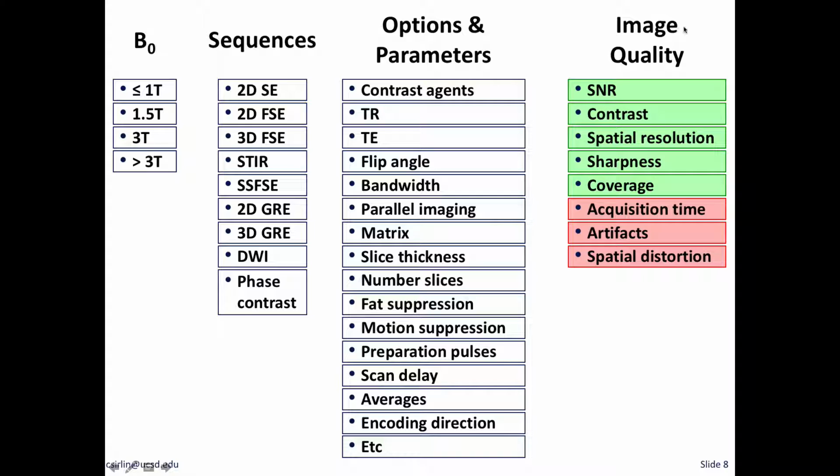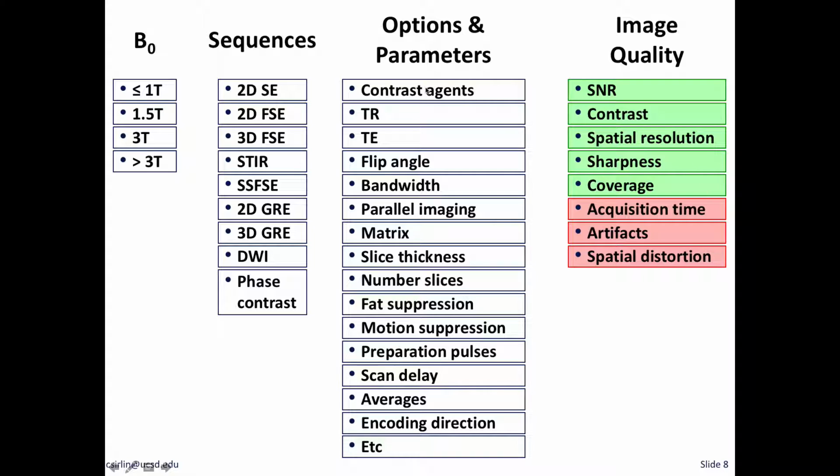So things that, all other things being equal, make image quality better are the signal-to-noise ratio, the contrast or contrast-to-noise ratio, spatial resolution, sharpness, coverage, and things that degrade image quality or degrade the patient's experience: acquisition time, artifacts, and spatial distortion.